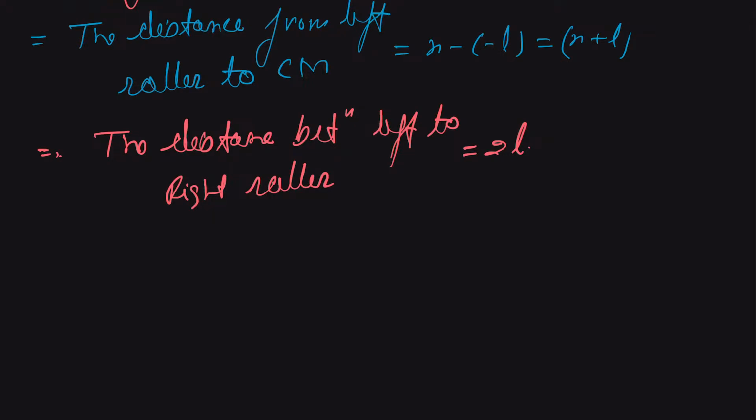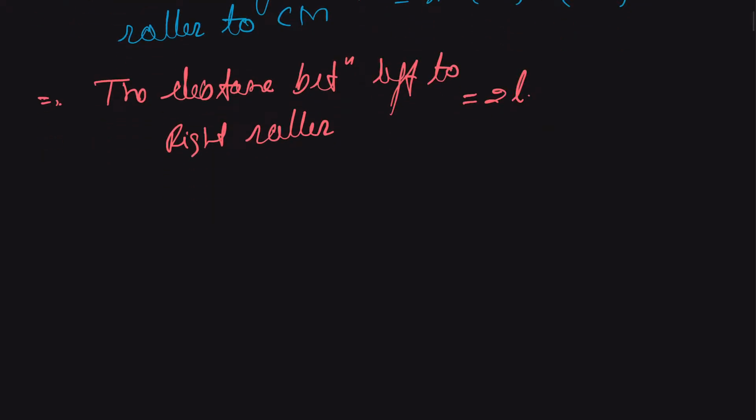Therefore for equilibrium we can write the moment equation: the normal at the right roller times 2L is equal to mg times (x plus L).